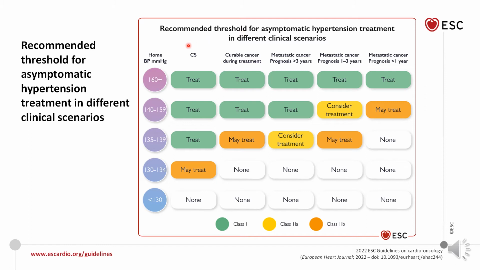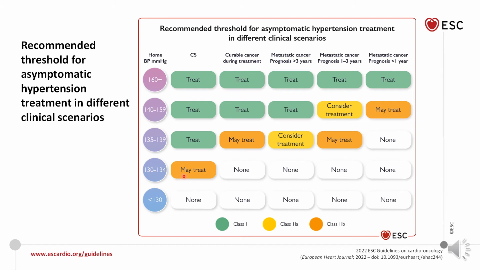If we are dealing with a cancer survivor, especially if he is a high risk patient, we might start the treatment at a lower threshold than the regular 140 for systolic. So we can start, as a class 1 indication, treatment at 135 systolic, and at 130, this is class 2.